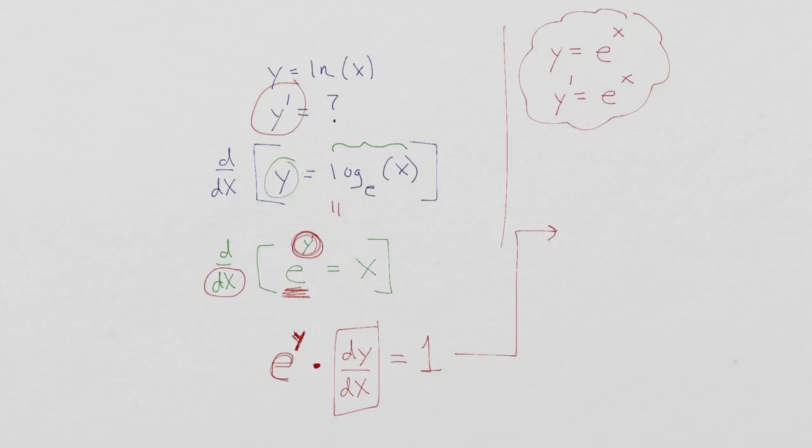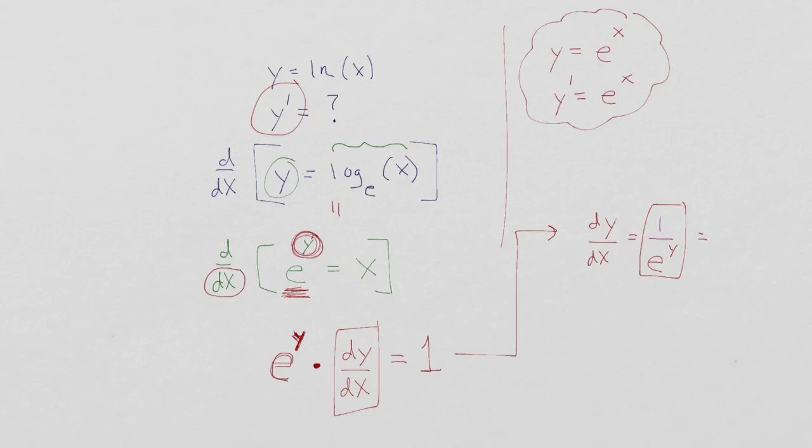I'm going to move over here now and rewrite this as dy over dx is equal to 1 over e to the power of y. And this is all good, but the problem with this is that I've tried to differentiate my function with respect to x, but now I'm defining my answer in terms of y, which is no good.